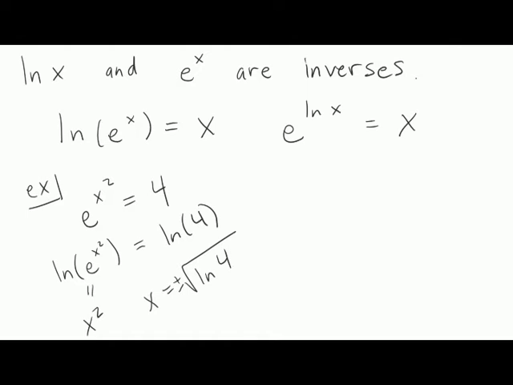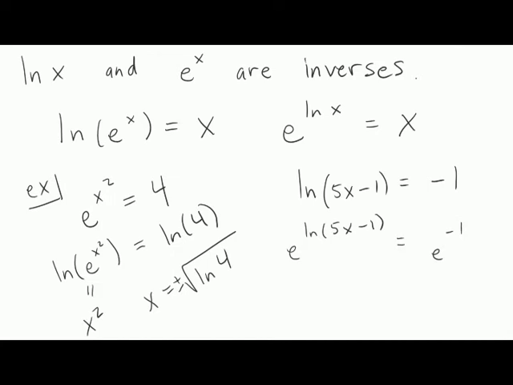Let's now solve natural log of 5x minus 1 is equal to negative 1. This time, we can say that e to the power of the left-hand side is equal to e to the power of the right-hand side. The left-hand side is e to the natural log of 5x minus 1.